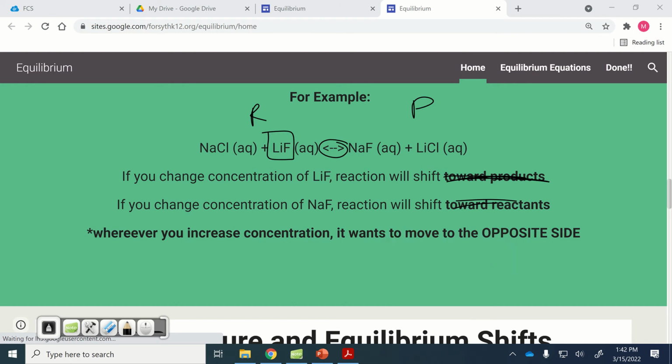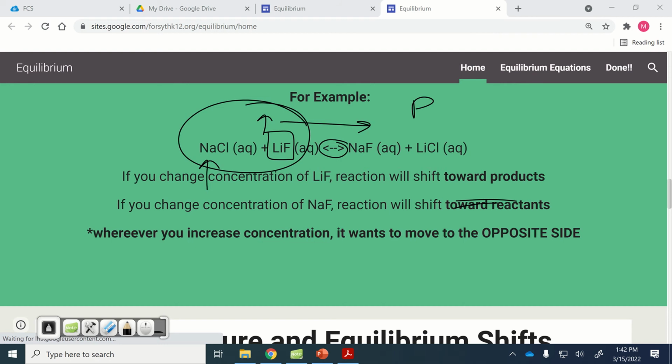But I have to be a little bit clearer. What this is basically showing is if I increase the concentration of LiF, I'm putting more pressure on this side of the equation. By increasing how much is in there, I am now putting too many reactants in there, and the reaction is going to shift the opposite direction.